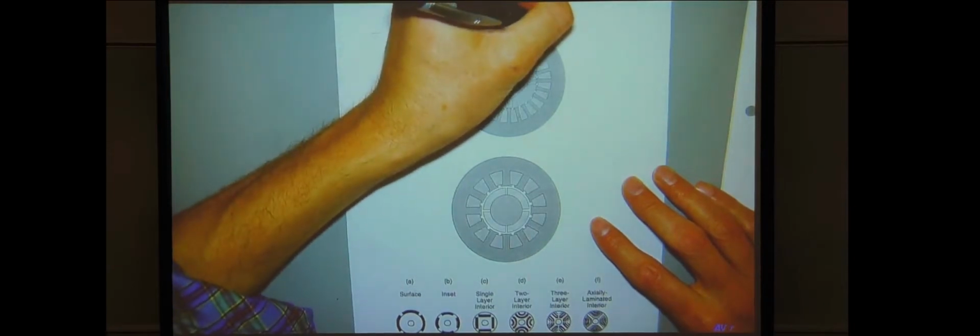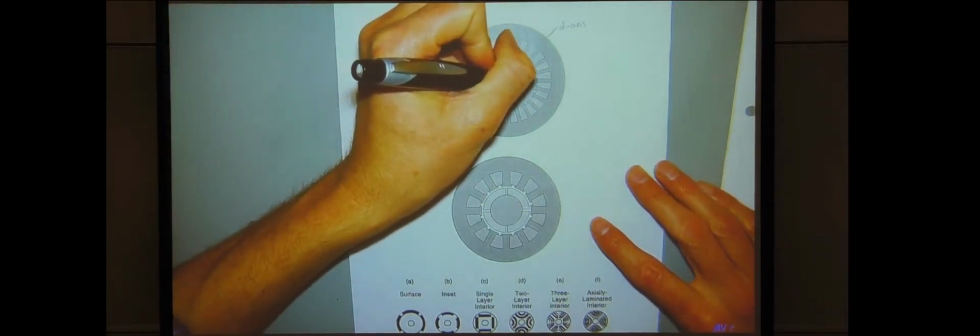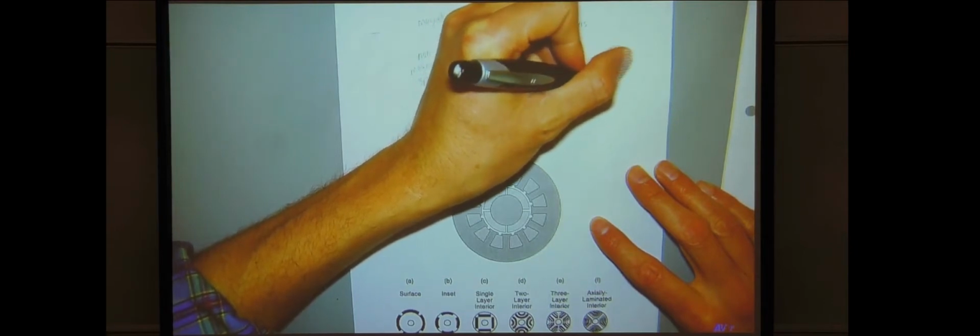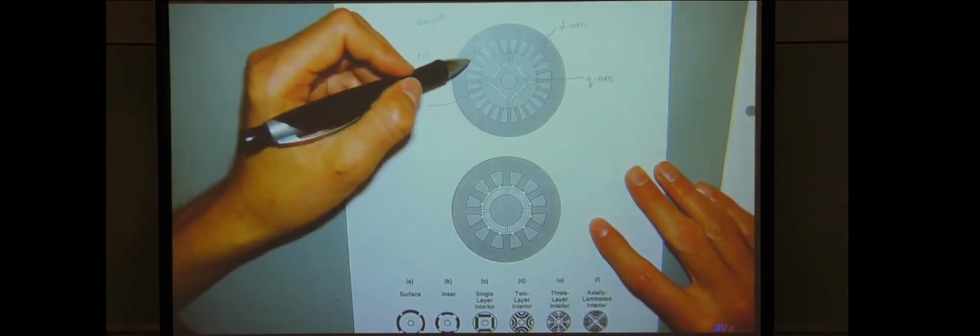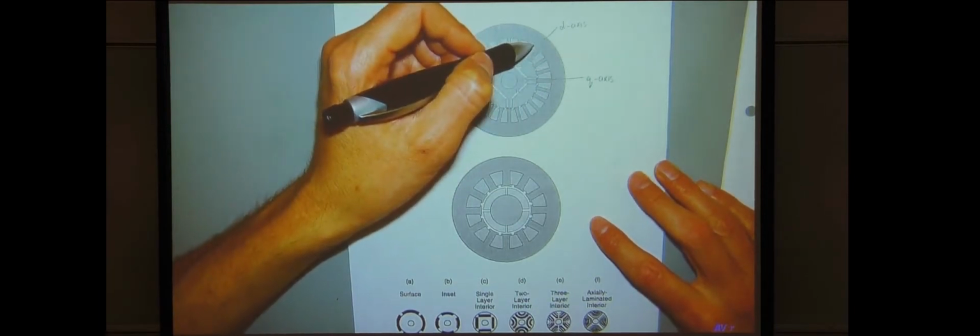So this would be the d-axis, and then the q-axis is going to be coming out here. From an electrical point of view, the q-axis and the d-axis would have a 90-degree phase shift.